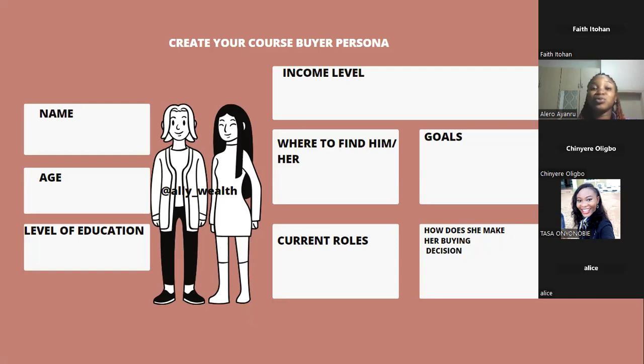But somebody that wants a proper wedding gown and a ceremonial wedding has at least 3 to 6 months to plan. That's the minimum they can plan to say, okay, we're getting married and they want to do something beautiful. So you already know their buying decision. Either they are paying on the spot or they want to spread the payments depending on what they are earning. So how do they make their buying decision?